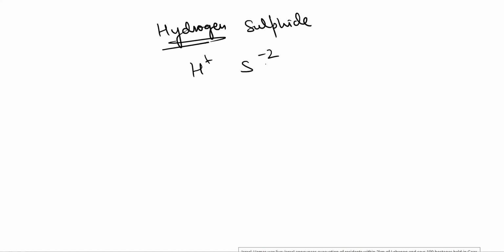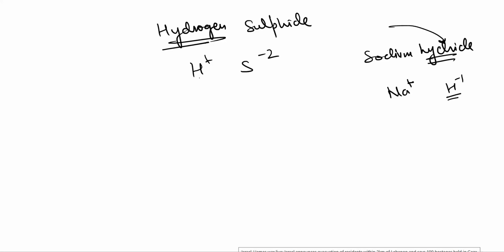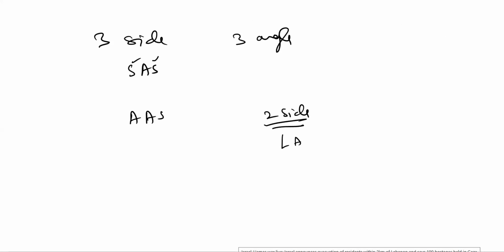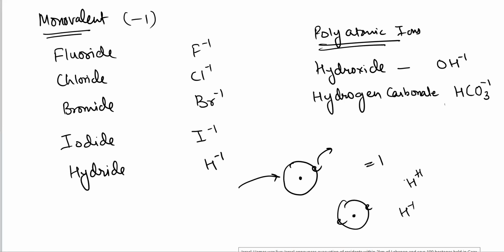We will learn that sulfide is going to have -2, and the formula will be written accordingly. And if we are asked to write the formula of sodium hydride, then we will have sodium as +1 and hydride H as -1. So when it is hydride, it means H minus. When it is hydrogen, as in hydrogen chloride, then it is H plus. Understood everybody?